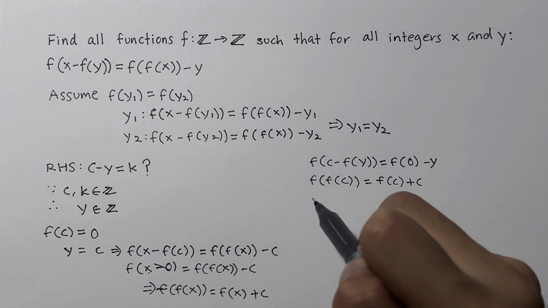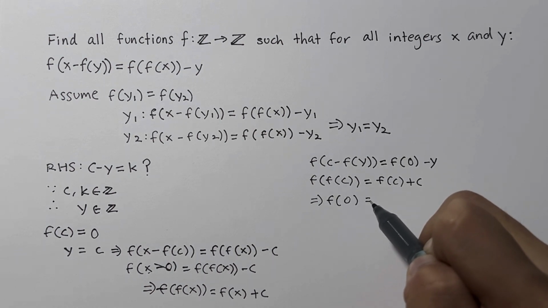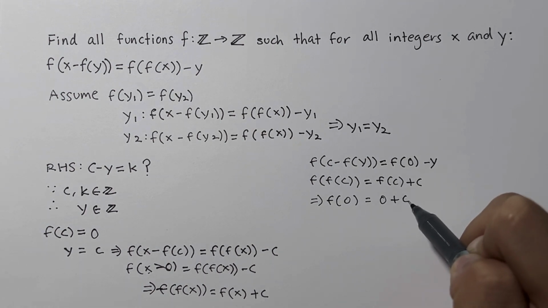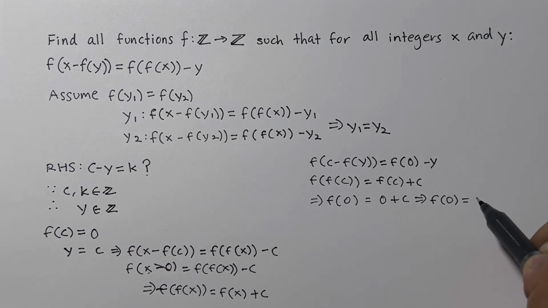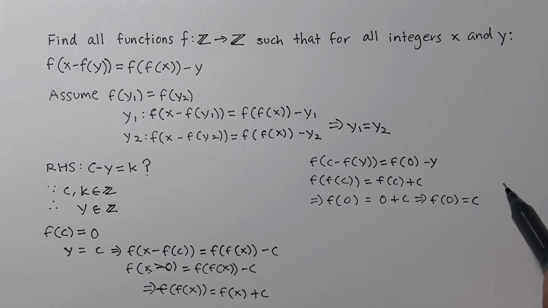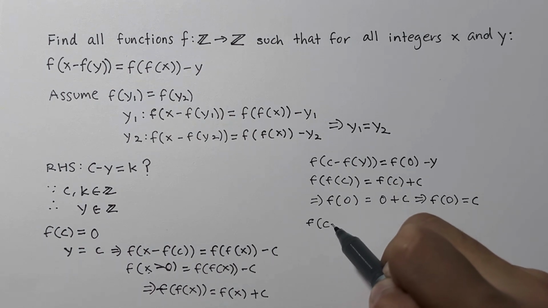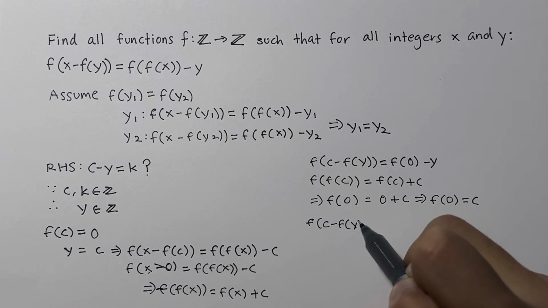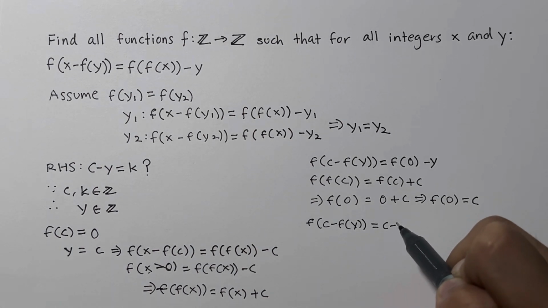Then plugging it in will give us f of 0 equals 0 plus c. So f of 0 equals c. Now we can substitute this back into the equation we just found. So we'll have f of c minus f of y equals c minus y.